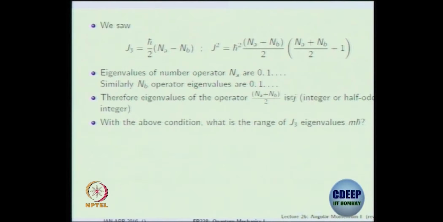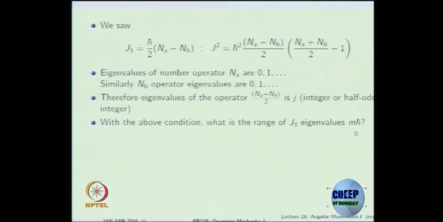If you take two harmonic oscillators, half the sum of the number operators of both harmonic oscillators should be identified as the angular momentum j and the magnetic quantum number m will be half the difference between the number operators. Once I take that, then my range of m is automatically fixed to be minus j to plus j. Any questions on this? So, the range of m goes from minus j, and the highest value you can take is plus j.